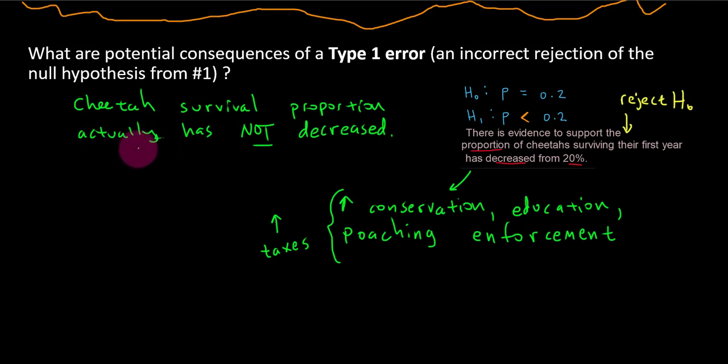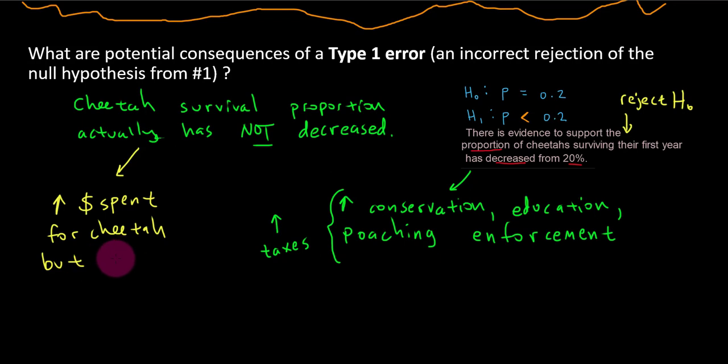So the consequence here is that maybe there was a lot of extra effort and a lot of money spent to help facilitate the survival of cheetahs, but it wasn't really needed because their survival rate did not decrease. So that could be a potential consequence of a type 1 error.